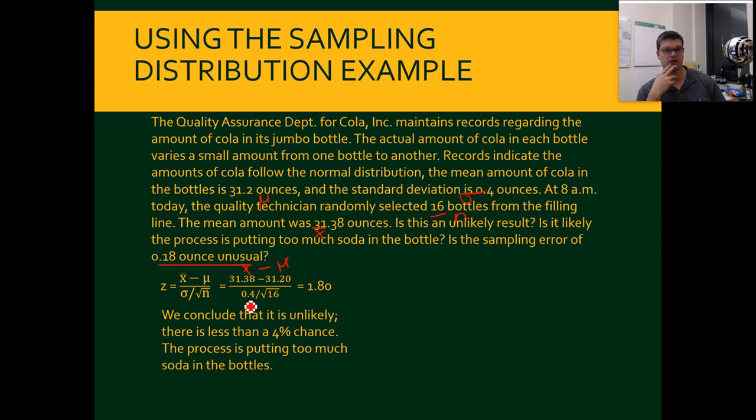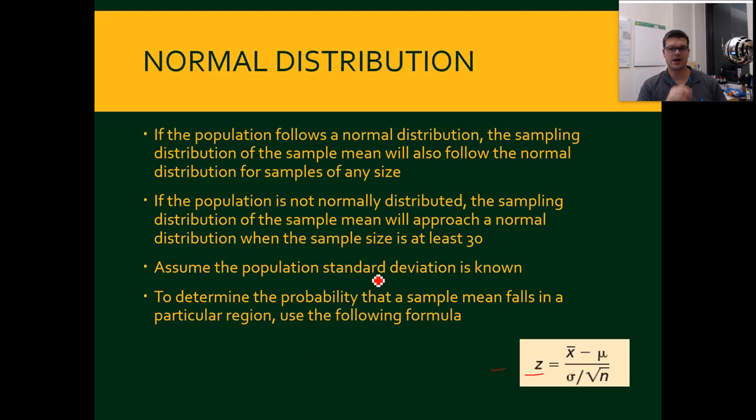So 0.4 is sigma, the standard deviation, divided by the square root of 16, which is 4. And this on the top is the standard error. Going back, x bar minus mu from the previous lecture is the standard error. And sigma divided by the square root of n is the standard error of the mean.